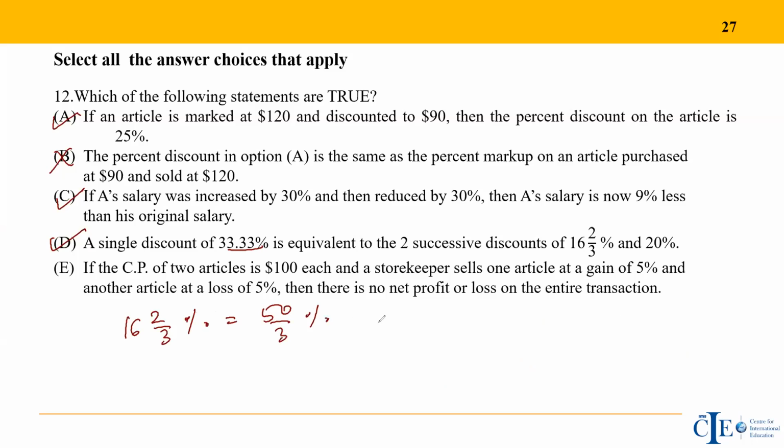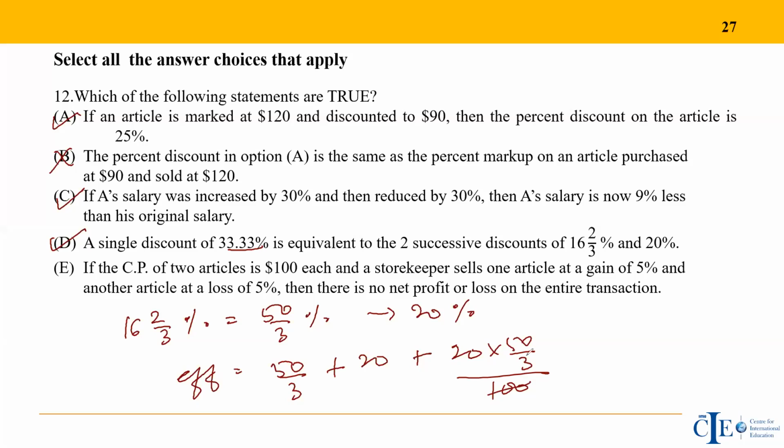So this is x, and then y is 20%. The effective value is then 50 by 3 plus 20 plus 20 into 50 by 3, the whole over 100. Now that 100 can be cancelled with the zeros here, so that becomes 10 by 3.